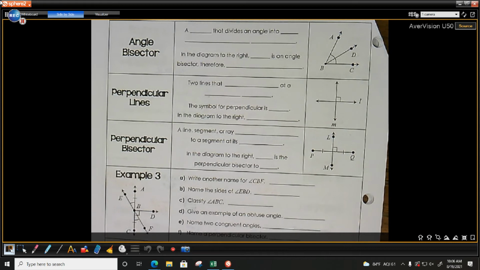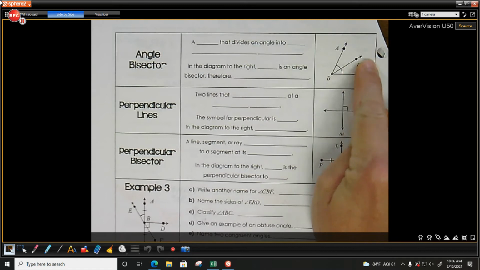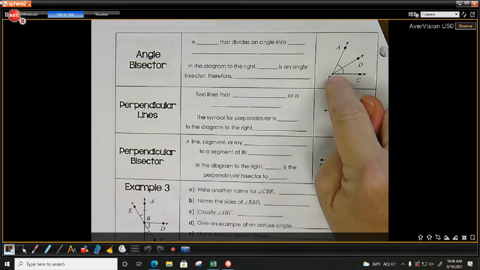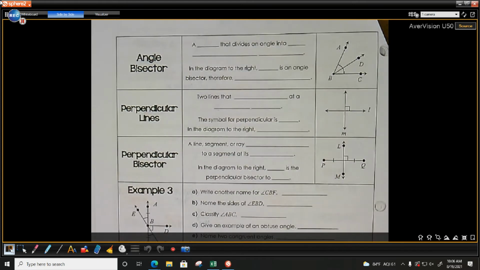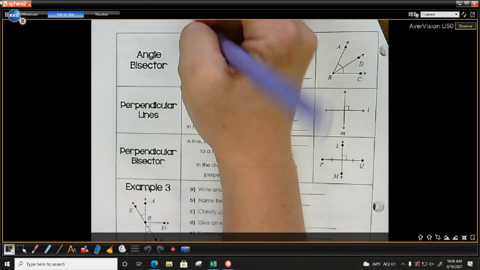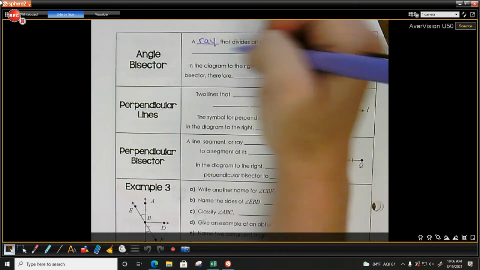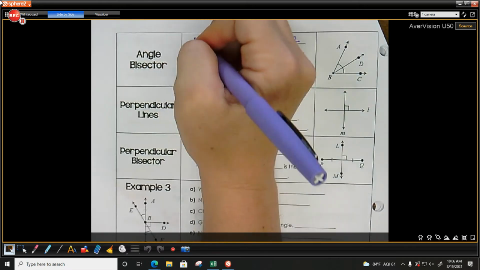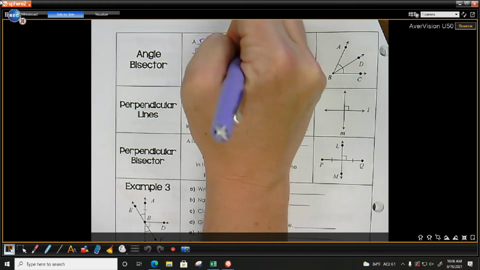Okay, so what would I call BD? It is an angle bisector, but just looking, it starts at B and it goes. So ray BD. So a ray that divides an angle into two congruent what?